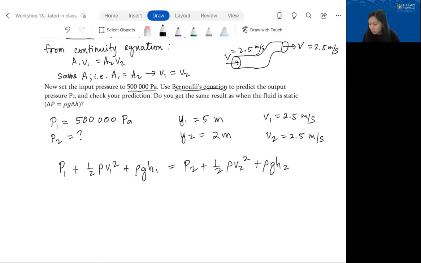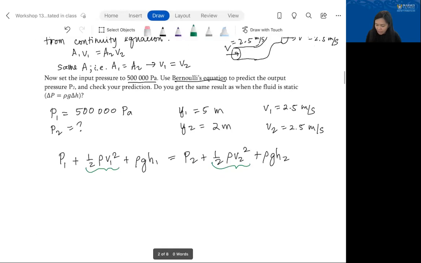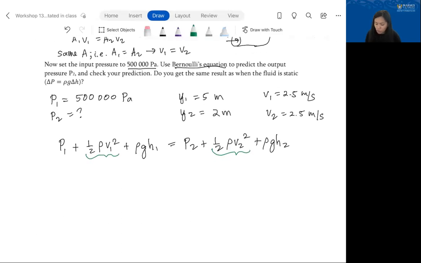V1 is equal to V2. So this term here, 1/2 rho V1 squared, will eventually cancel with 1/2 rho V2 squared. And we can clearly see that after we rearrange this equation. So we want to find P2, so we rearrange to isolate P2 because that's what we want to find.